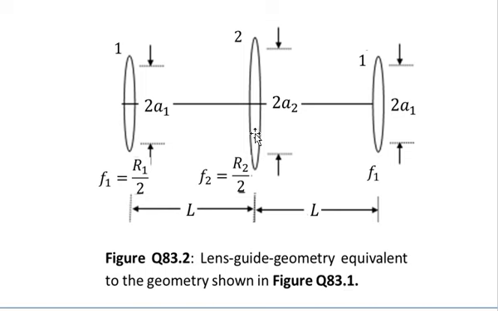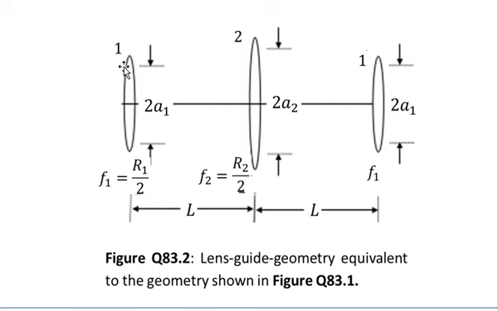Here you can see that we have lens 1 on the left hand side, and lens 1 on the right hand side of the middle lens, which is marked as 2. The lens 1 on either side are identical with the diaphragm equal to 2A1, and the lens in the middle has a diaphragm equal to 2A2.